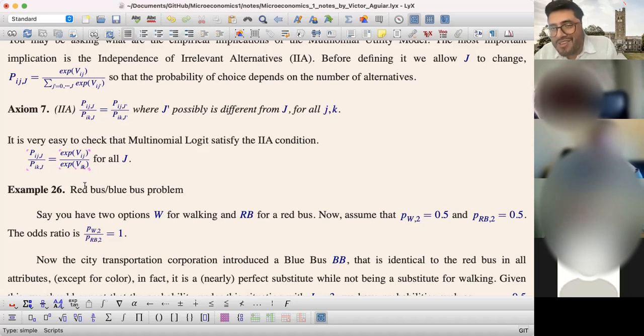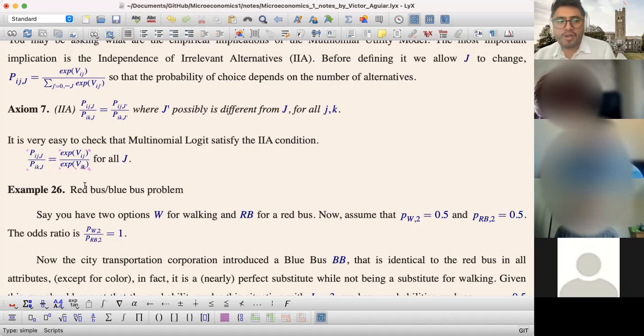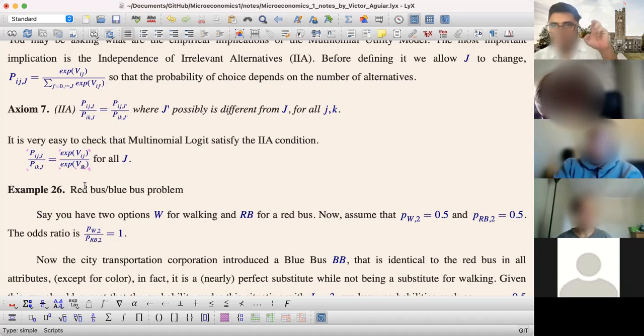And now it turns out that this IIA condition may actually not be a great model. This was introduced by Debreu, similar to the Allais paradox. Debreu produced this paradox. Again, it's not really a paradox, and it's not an experiment; it's just a thought experiment of Debreu that pointed out that IIA may not be a great model after all. This is called the red bus versus blue bus problem.